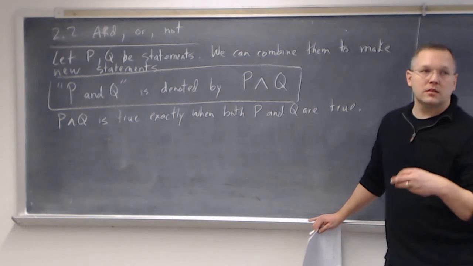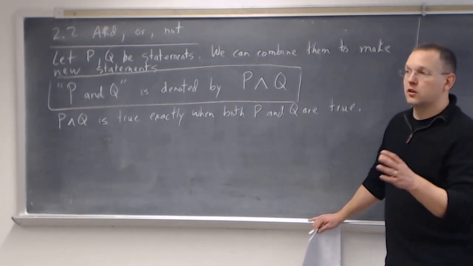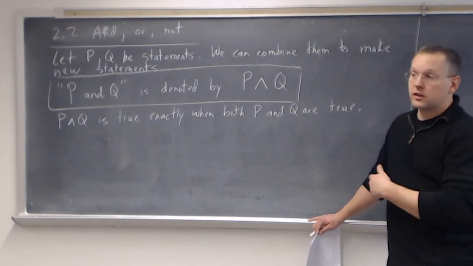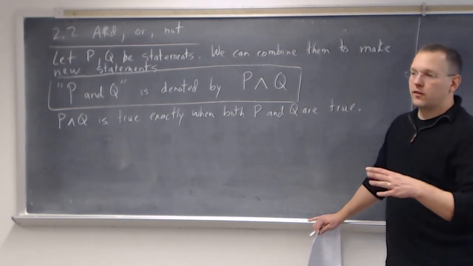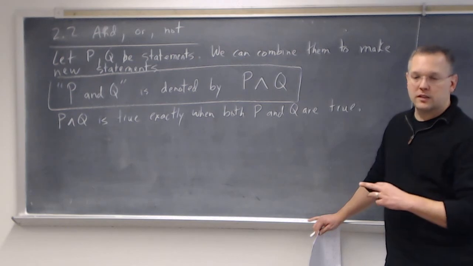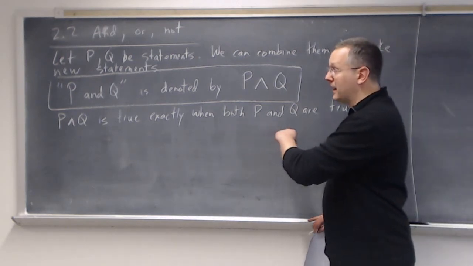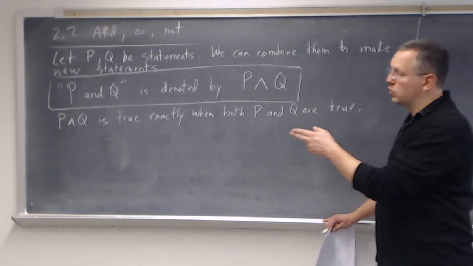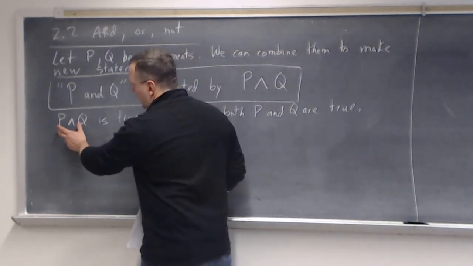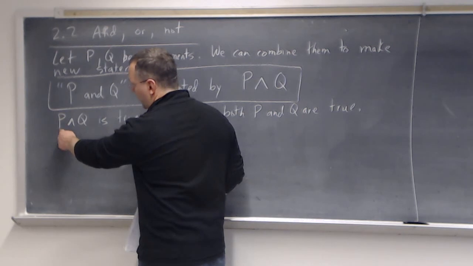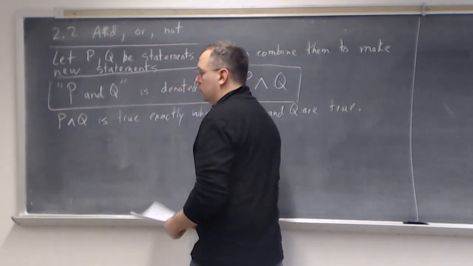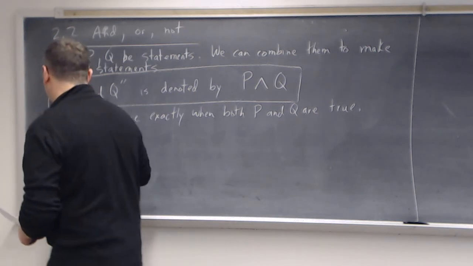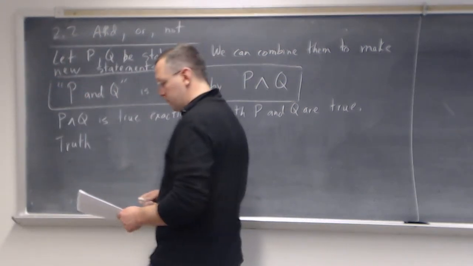If you have three statements, remember that some of the other common letters are P, Q, R, and S. You can have four statements, or more than that, but for now we'll probably have just two or three statements. When you combine them with ands, you want to look at all the different possible truth values for P and Q, and it depends on the truth values for P and for Q. So a truth table is used to keep track of all these different possible truth values.